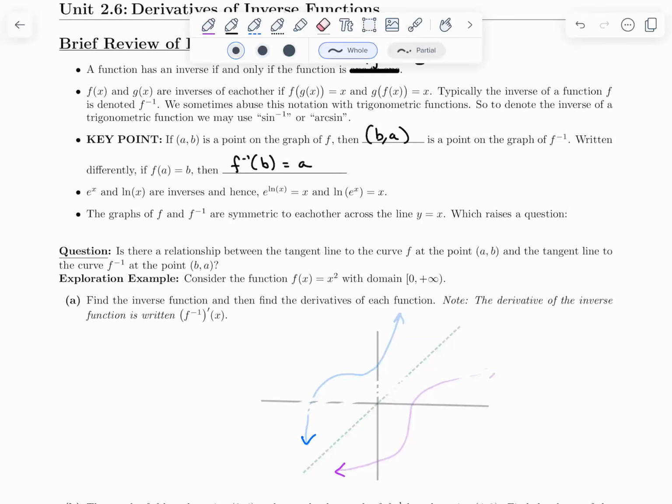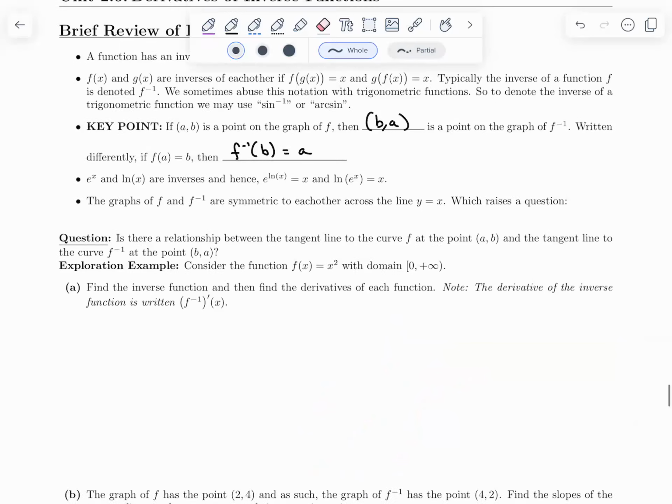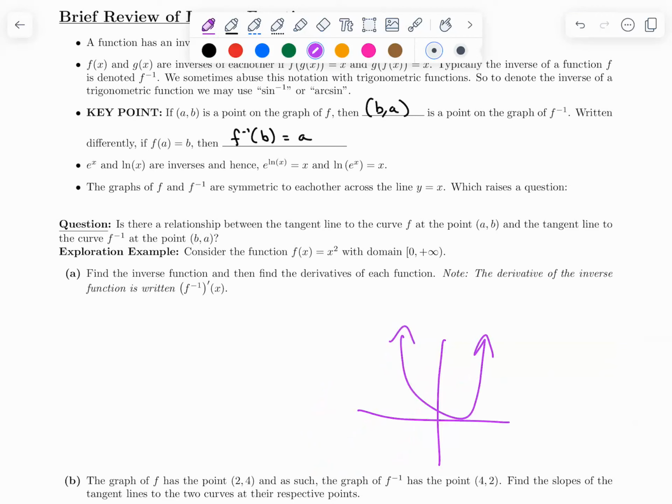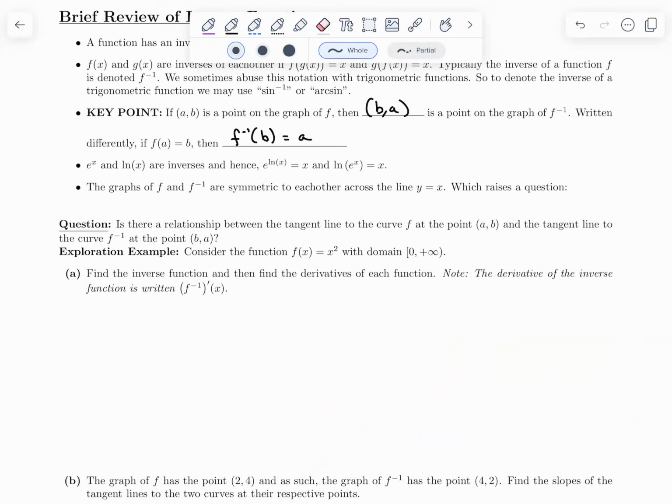So for an experimental problem, consider f of x equals x squared with domain 0 to positive infinity. If it was the whole real line, x squared looks like this, which is not 1 to 1. So that's why I've restricted it to one side. Find the inverse of the function.